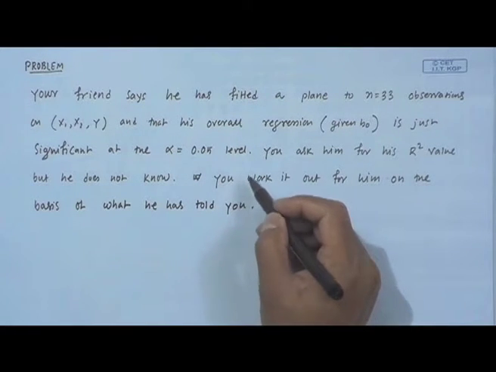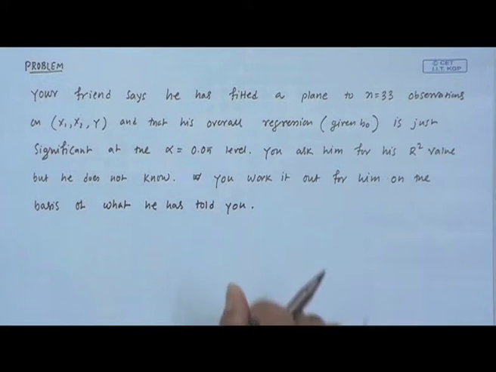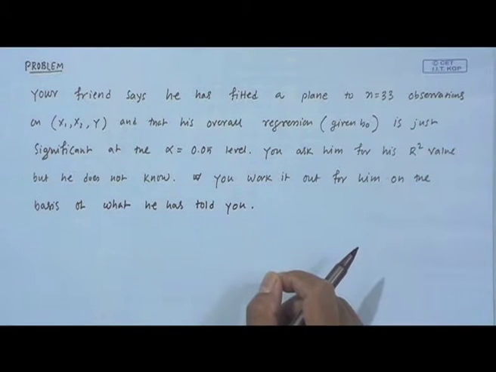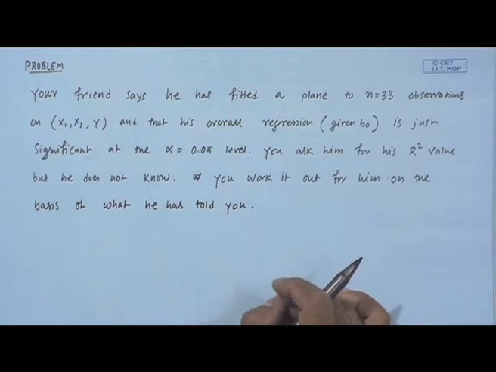Okay, that means your friend has fitted a multiple linear regression model with two regressors x 1 and x 2 and one response variable, and his test is significant. That means the fitted model is significant at 5% level of significance.